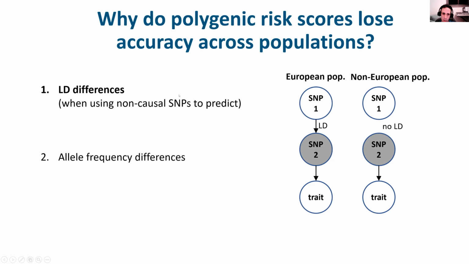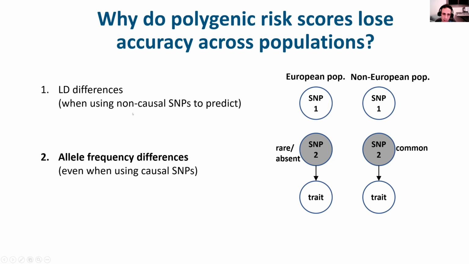And the second problem is due to allele frequency differences. And this happens even when we use causal SNPs to predict. So let's now say that we actually use SNP2 to predict. So SNP2 is causal, so all is good. But now let's assume that SNP2 is rare or maybe even absent in Europeans, but it's common in non-Europeans.